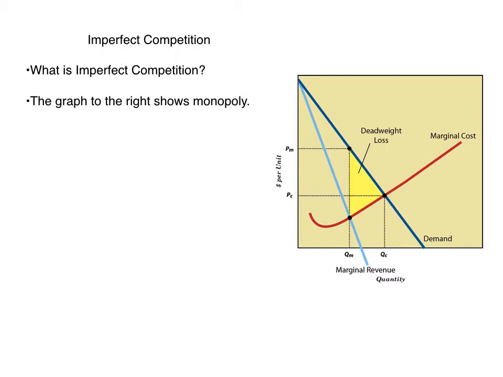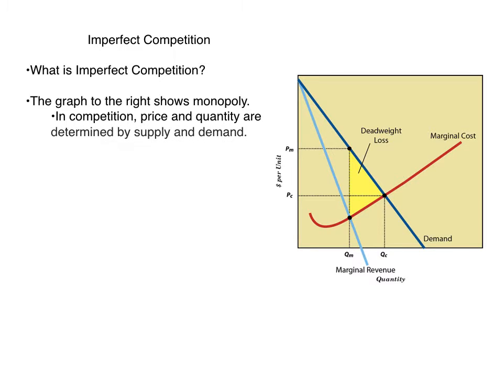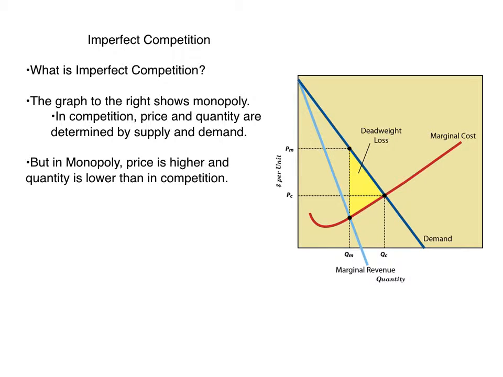Now the graph to the right shows a monopoly situation. In competition, price and quantity are shown by supply and demand. In this case, it's going to be the demand curve and the marginal cost, because we have a single firm providing the service. But in monopoly, we have a price that's higher and a quantity that's lower than in competition.